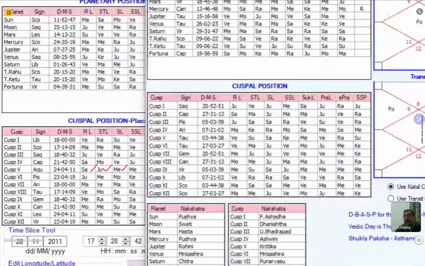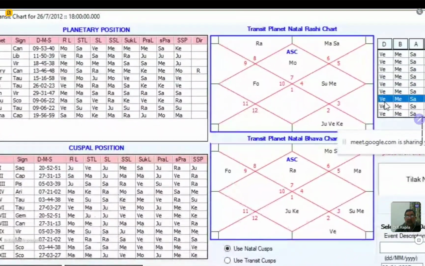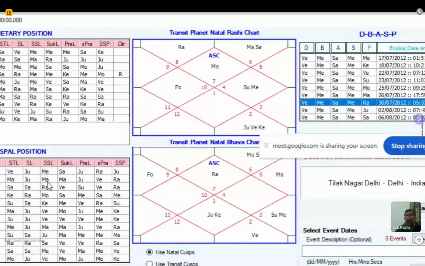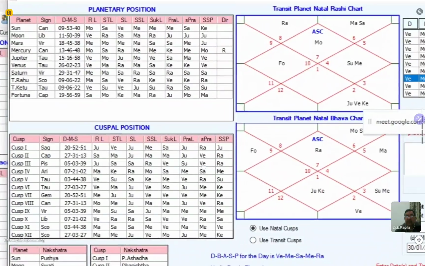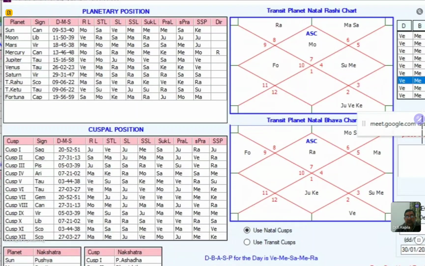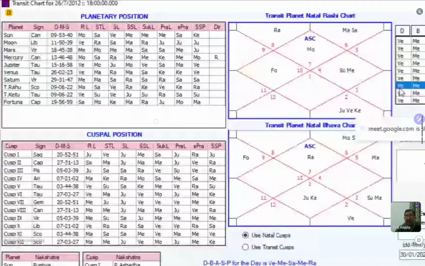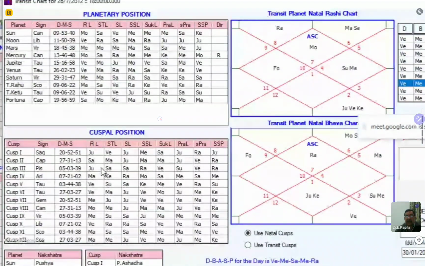Here also you have got Saturn and Mercury along with Venus. So how many planets can I have over here? Saturn, Jupiter, Mercury, and Venus. These are the planets I can have over here.